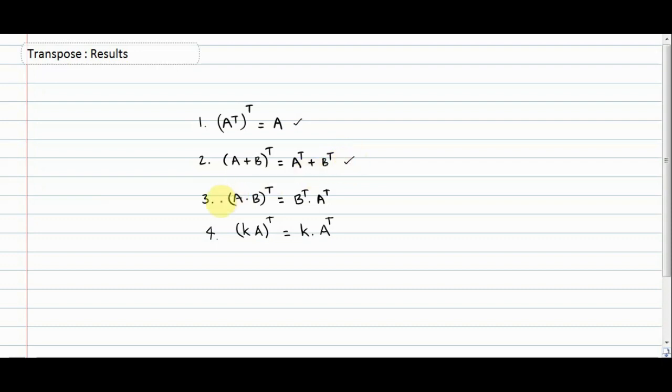Okay. Now the third one, A into B whole transpose is equal to B transpose into A transpose. Now fourth one, K into A whole transpose is equal to K into A transpose. Okay, these are a few results related to the transpose of a matrix.